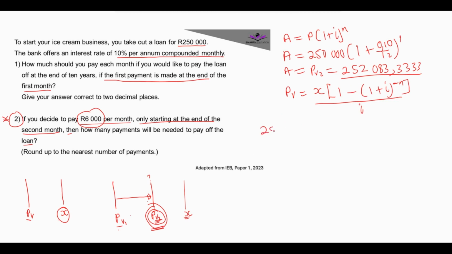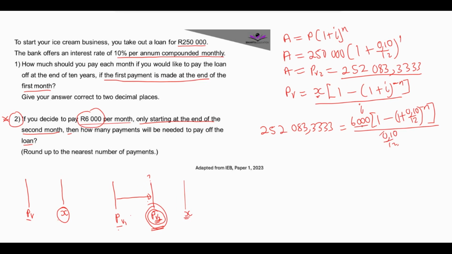So it's now 252,083 rand, 3333, equals 6,000, that's the X, times 1 minus (1 plus 0.10 over 12) to the power negative n. That's what we're looking for, n, all over 0.10 over 12.